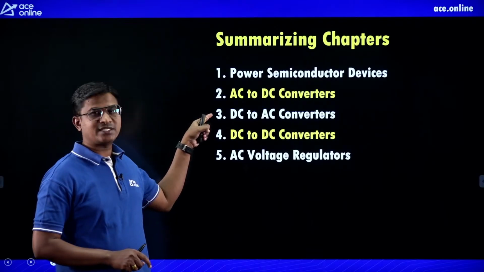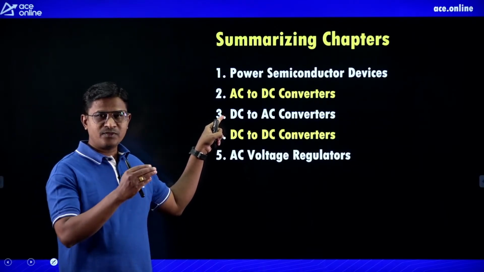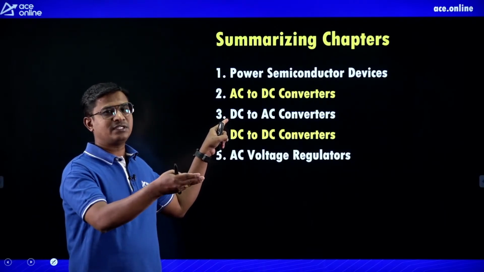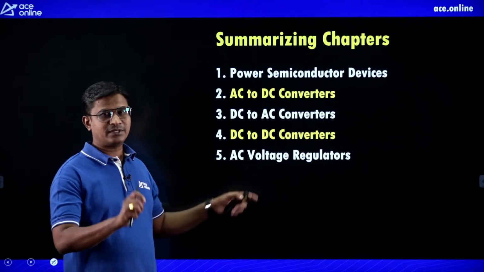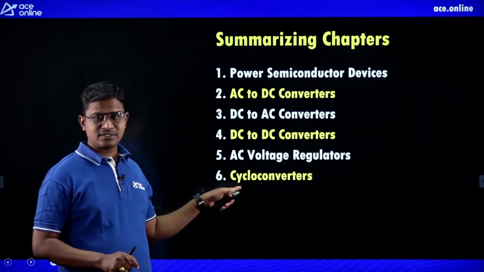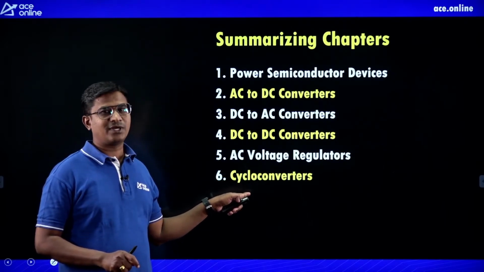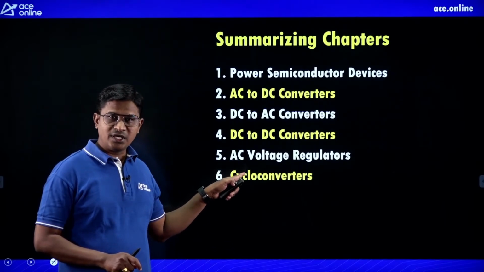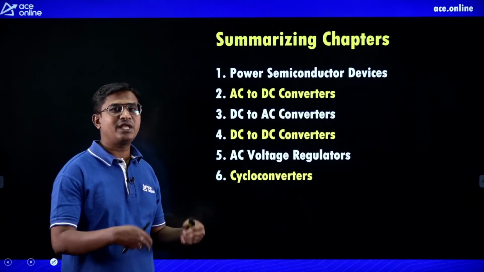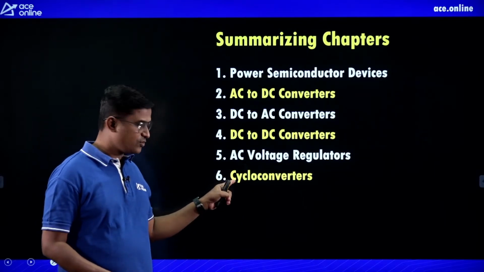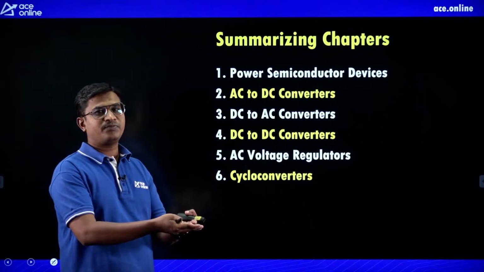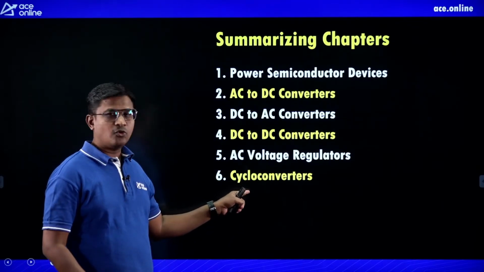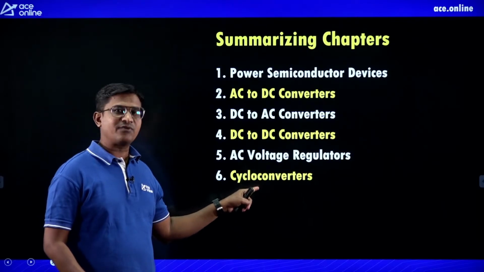Whereas in a DC to AC converter, output is variable voltage, variable frequency. This one is variable voltage, constant frequency. Cyclo converters are also AC to AC converters. They give output with variable voltage, variable frequency. Input is AC, output is AC, but output voltage as well as frequency are both variable.